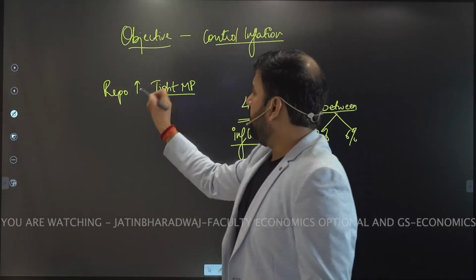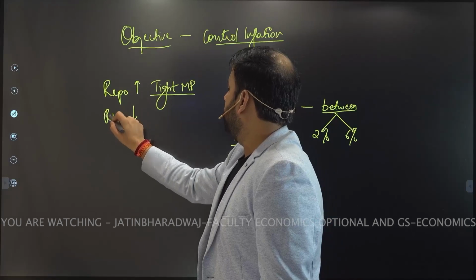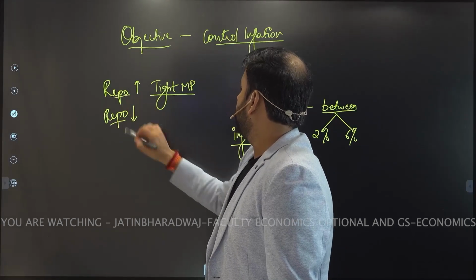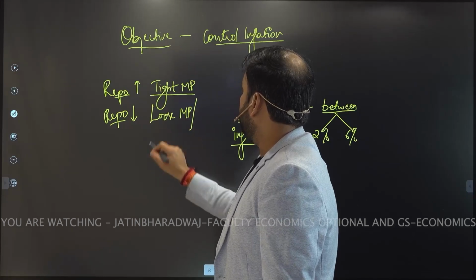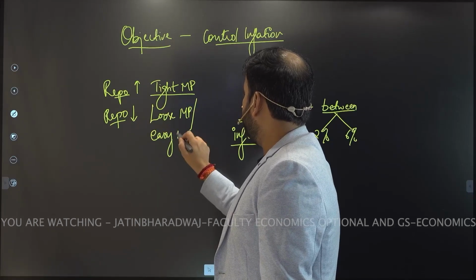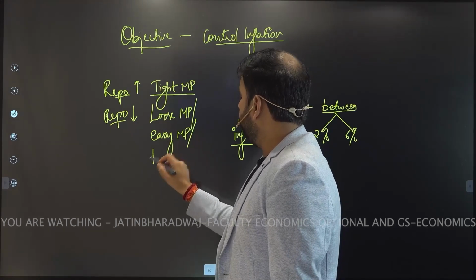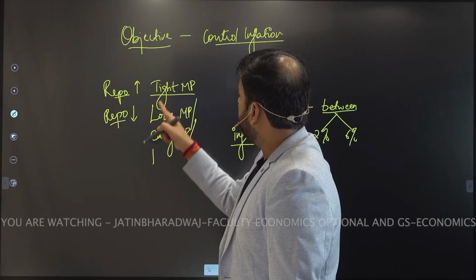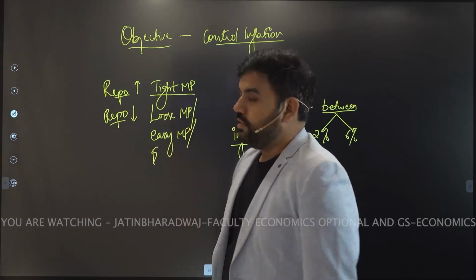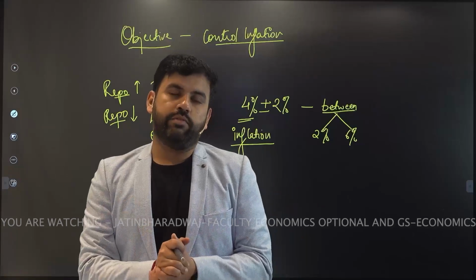And the reverse, whenever the repo rate is reduced, it is going to be loose monetary policy, or easy money monetary policy. Bearish, bullish, and those kinds of terms are used for this.